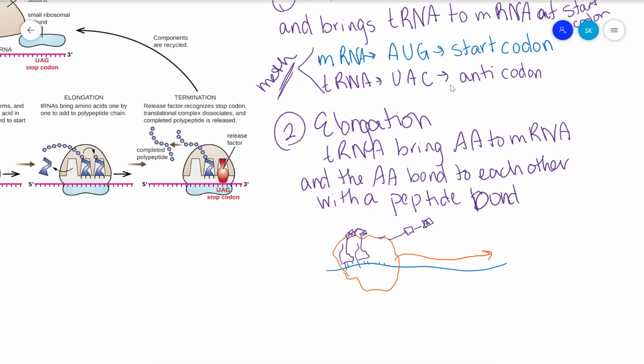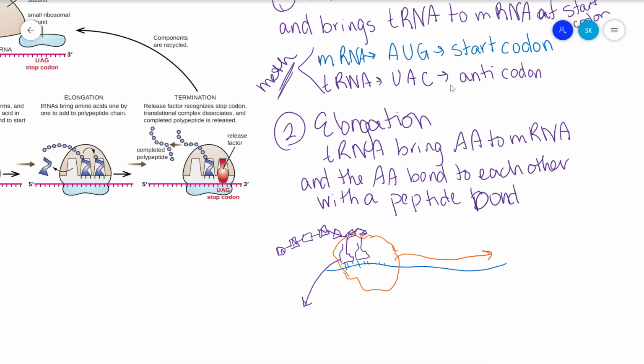You have a long chain, a whole bunch of amino acids all chained together. Because once it drops off its amino acid, this tRNA leaves and it'll go pick up another amino acid. So what you end up with is this really long chain of growing amino acids.